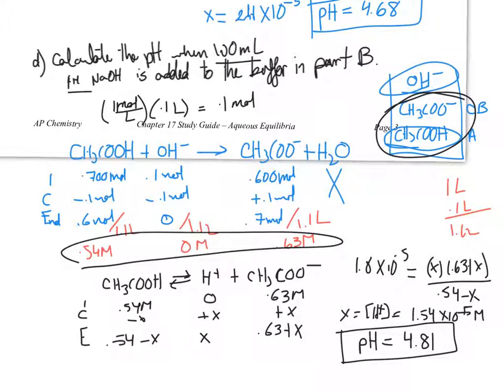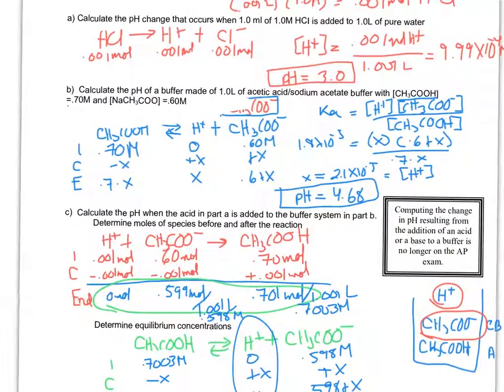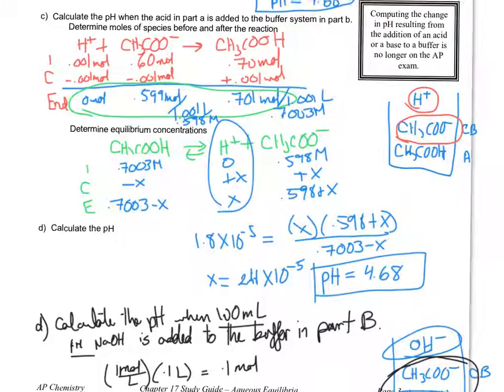So let's review. If you wanted to find the pH of just a buffer by itself, like we did in B, you write out your salt, you write out your dissociation of the acid, you do a regular ice chart, and that's it. If you wanted to add an acid or a base to your buffer, what you do is you look at your acidic and basic portion of the buffer and you check the extra acid. What do you react it with?